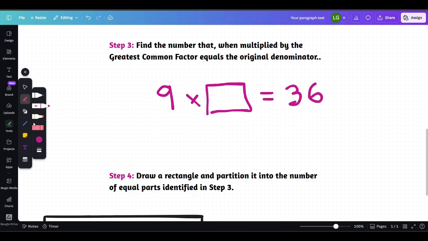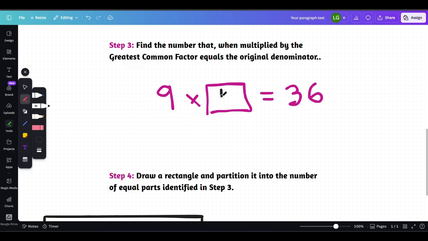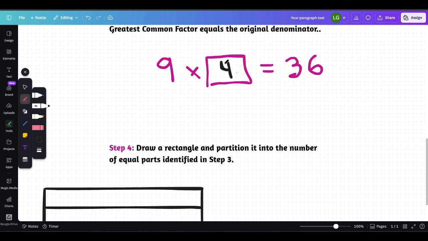Now, 9 times what equals 36? Well, that number should be 4 because 9 times 4 is 36, right? This is, I would say, the most important step. Finding this number is gonna lead us to the simplest form of the fraction.